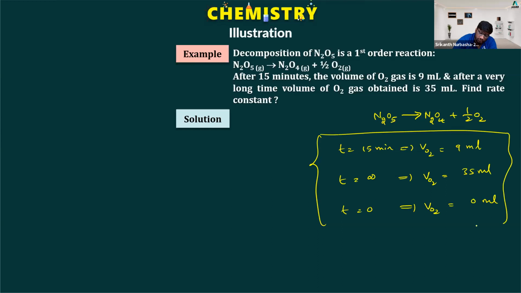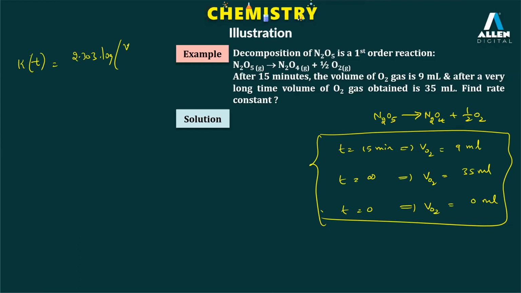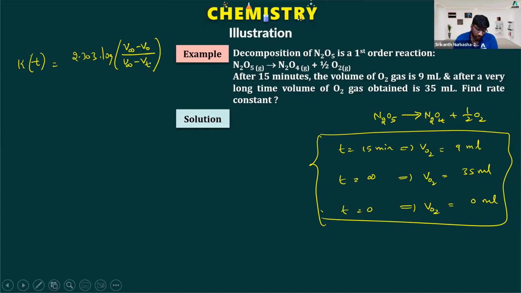So we have the formula k into t is equal to 2.303 into logarithm of V infinity minus V naught by V infinity minus Vt. Very good. So try to substitute everything now. We have to find the rate constant k.